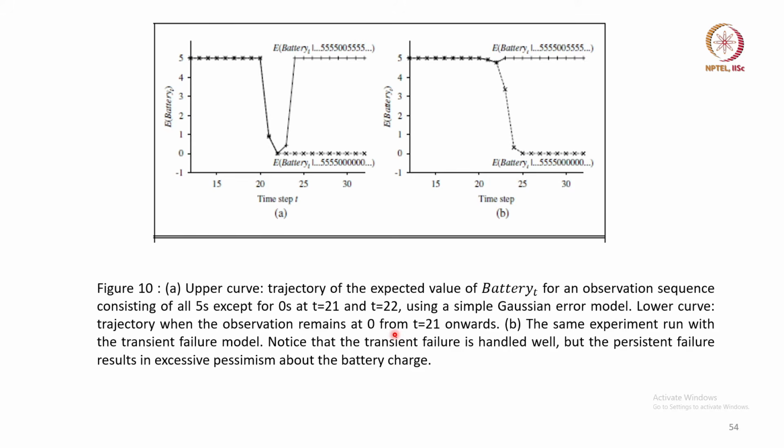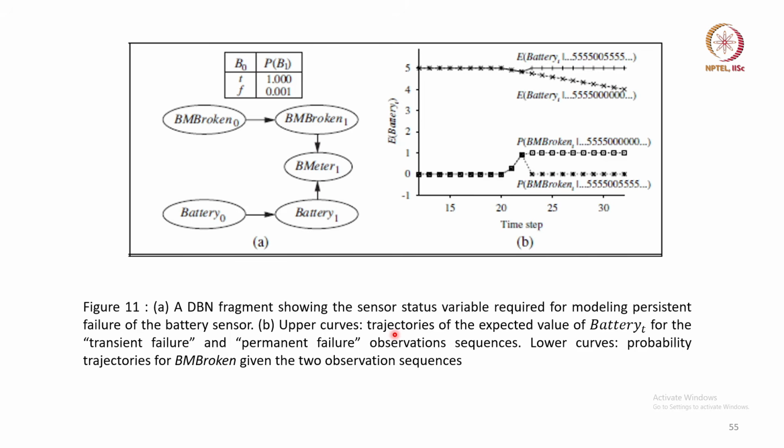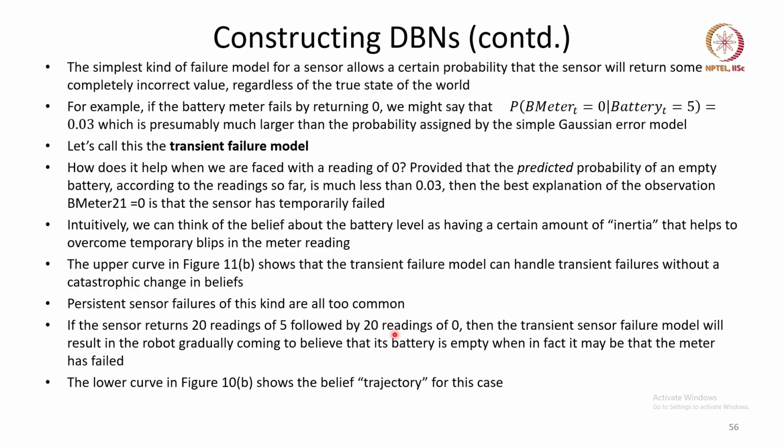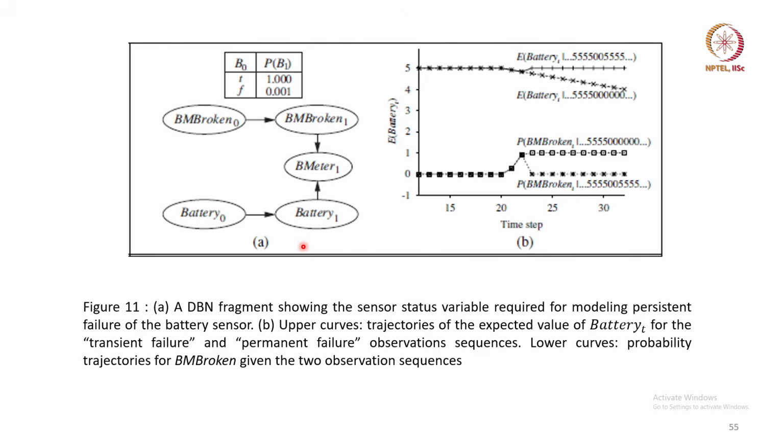And another thing is it's possible that the failure you are looking at is not the charge at all, but there's a meter failure, there's a problem in the meter that is being used, right. So if the meter has a failure, then how do we model this? All these things have to be also taken into account.